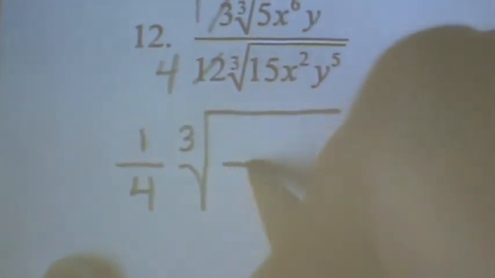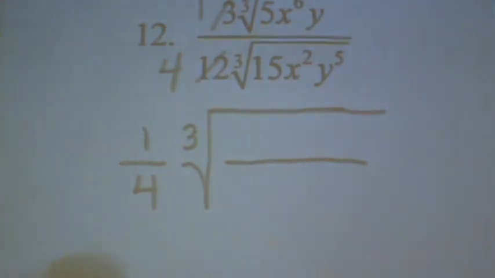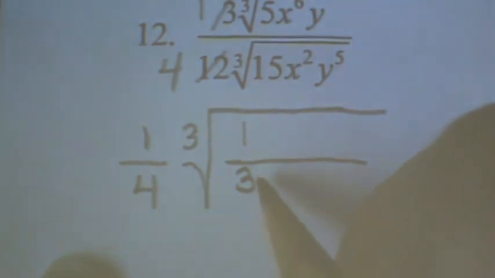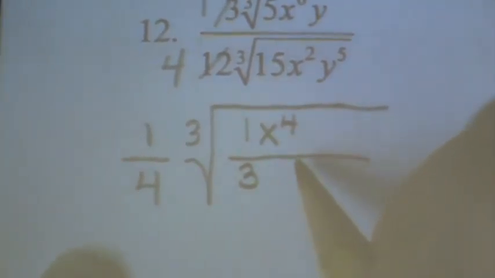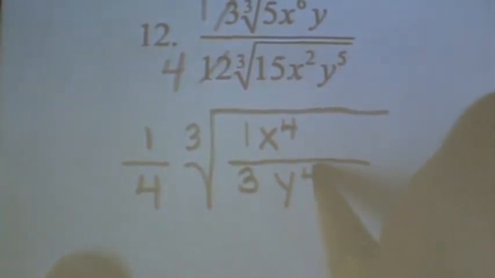This is what I do. I make one big fraction, and I start simplifying it as 1/3, because 5/15 is 1/3. And then my x's, I put x to the 4th on top, and y to the 4th on the bottom.